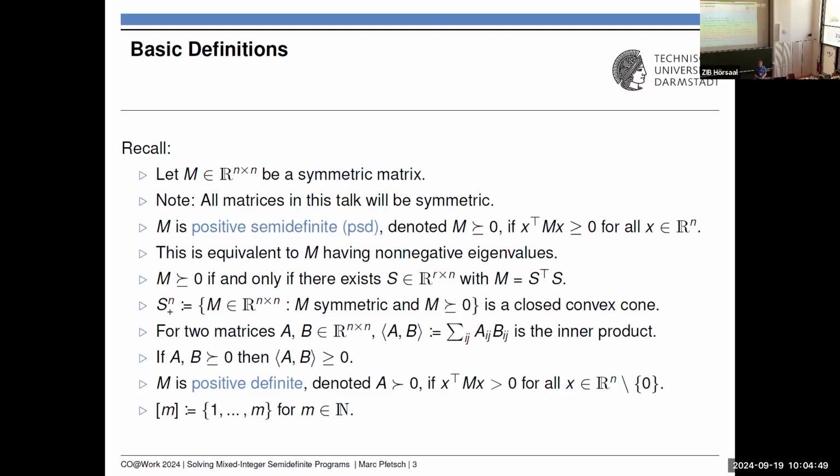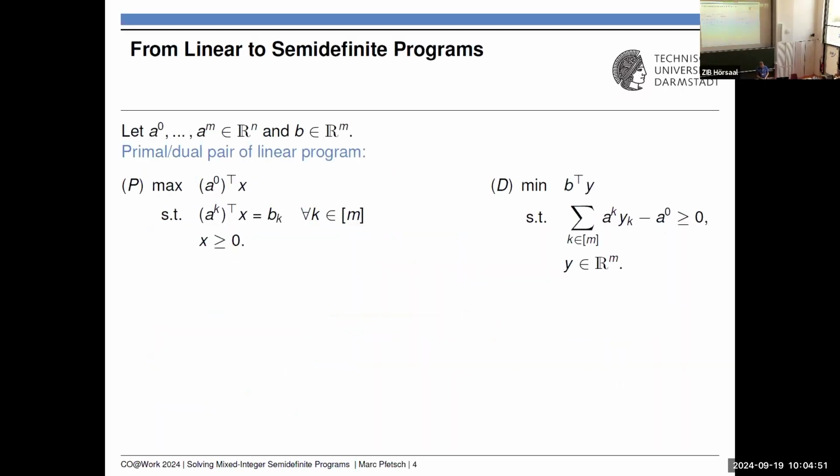Okay, maybe later. Now we'll move slowly from linear programming, which I assume you are familiar with, to semi-definite programming, and then we'll add integer variables to reach the topic of this talk. I've written down a linear program, primal and dual, in a form maybe a bit unfamiliar to you.